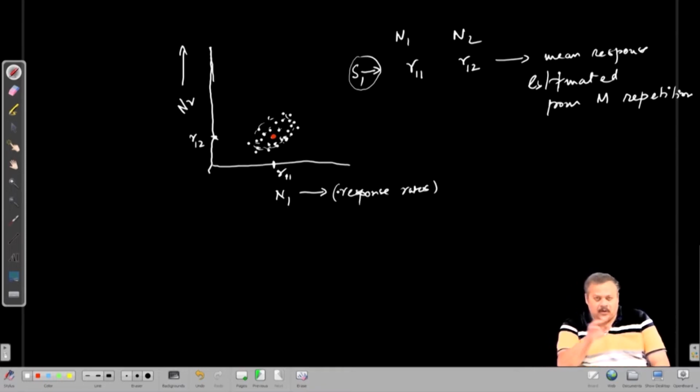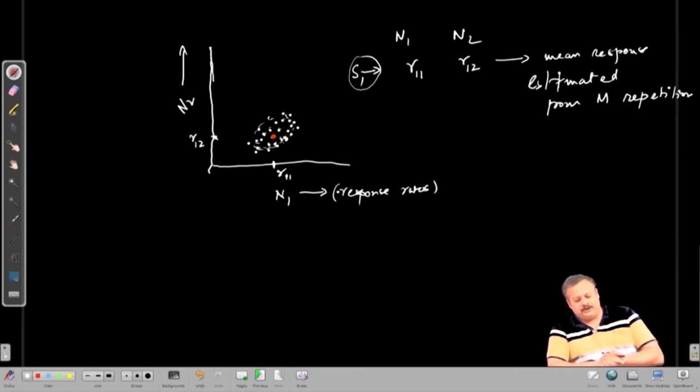So overall, if we look at this cloud of points around the red dot, which is the mean response, then we get an idea of how the two neurons' responses vary with each other over different trials.